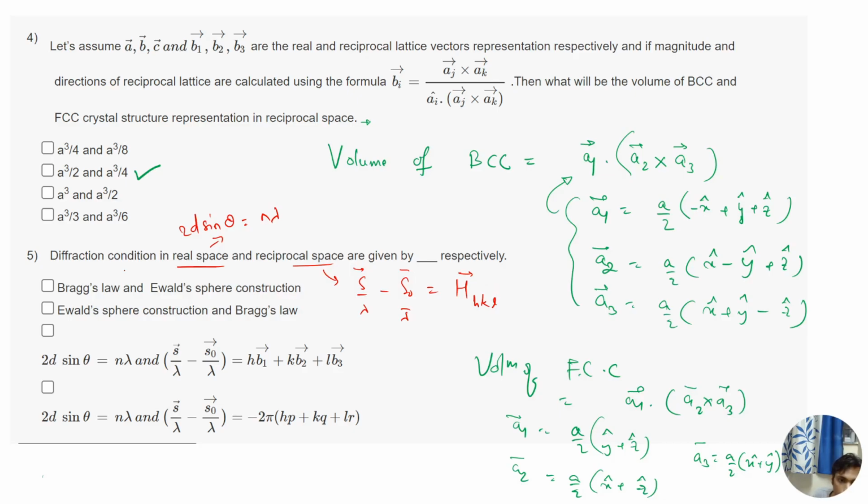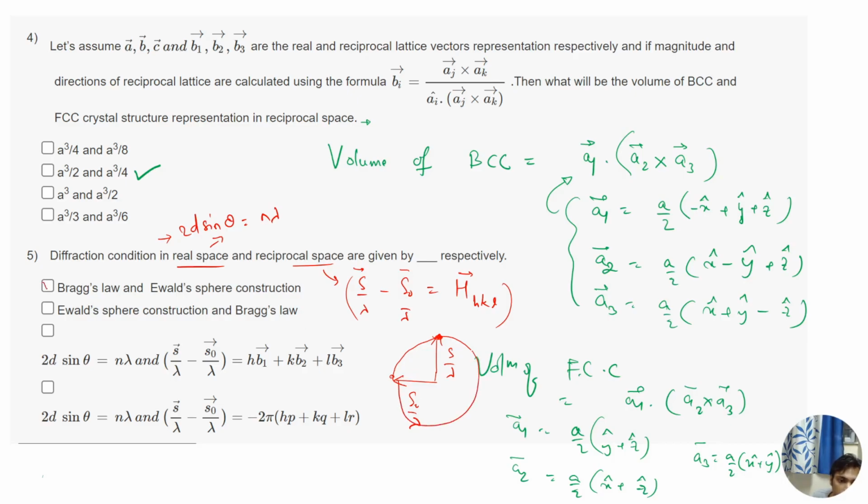So this is Bragg's law, and this is the Ewald sphere construction. It told us that whenever s naught by lambda and s by lambda are two points on a sphere, called the Ewald sphere, then this satisfies the condition of diffraction.